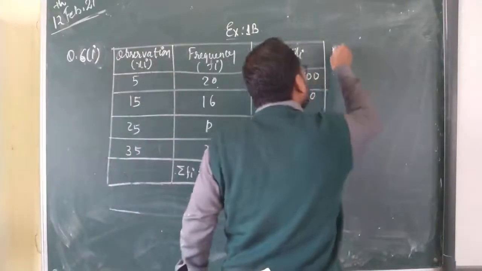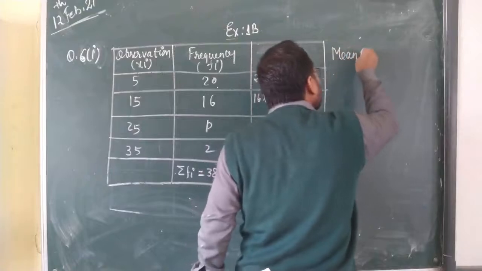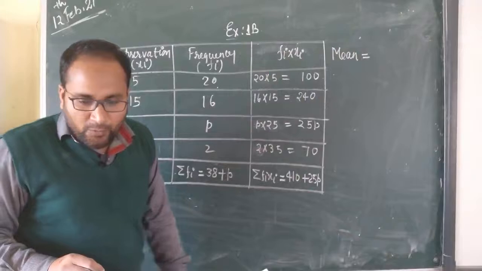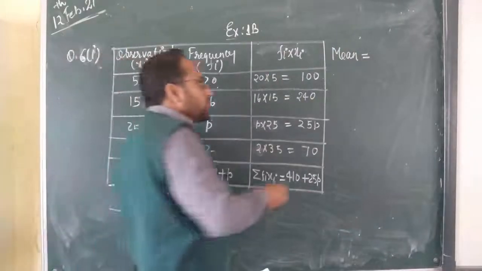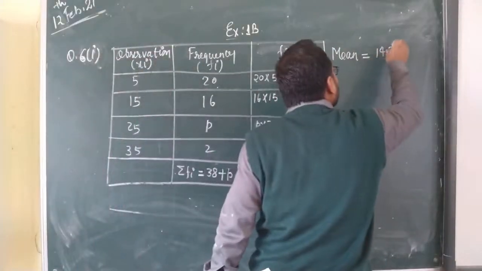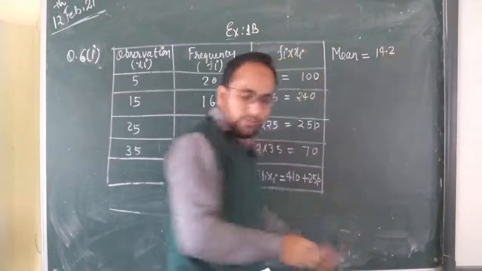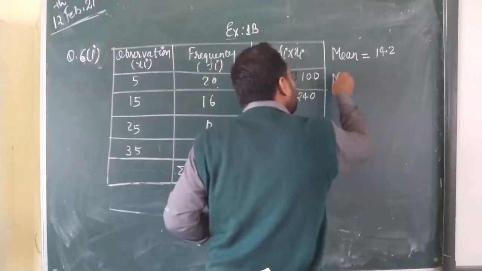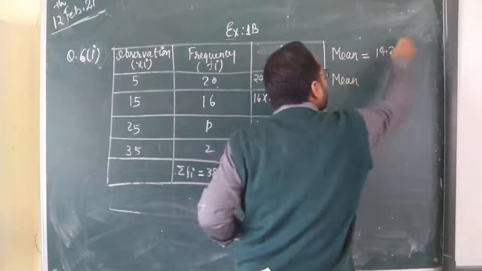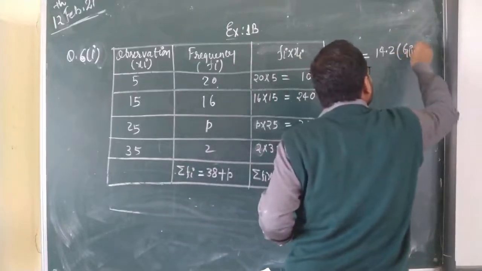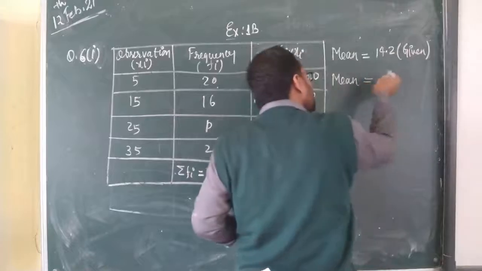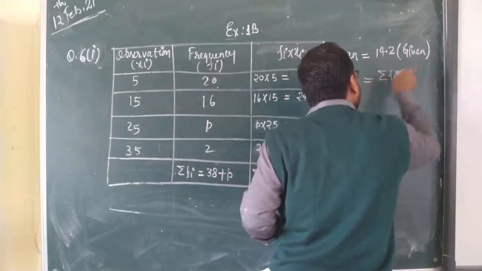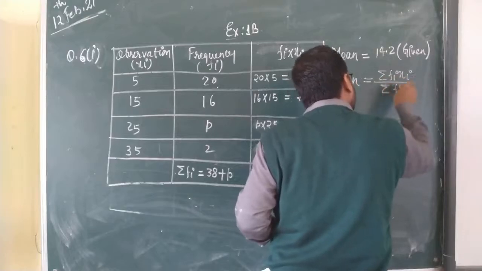Now mean is also given in your question, mean is given that 14.2. So our aim is to find the value of the unknown quantity. Mean is equal to sum of all observations, so sigma fi xi upon sigma fi.